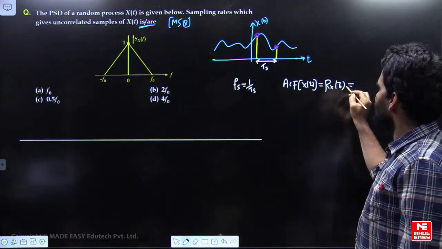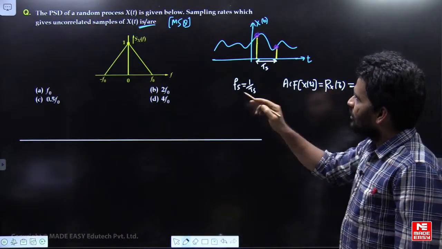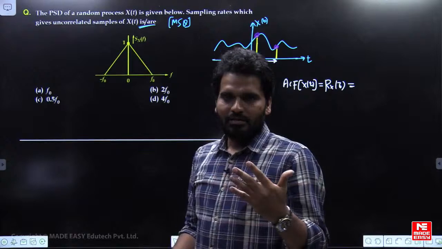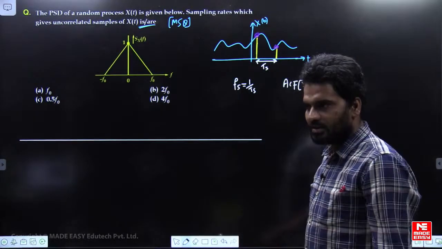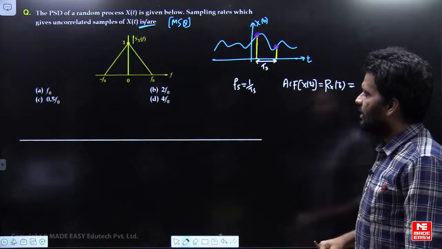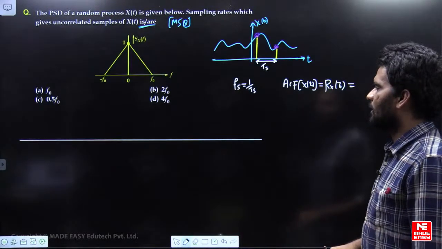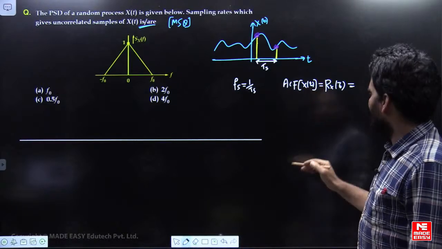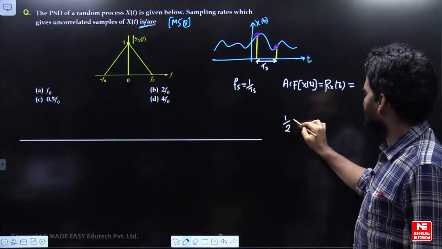What is the inverse Fourier transformation of this? What is the inverse Fourier transformation of a triangle? It will be a sinc square function. Simply, what is the area under this? Area will be half times base.